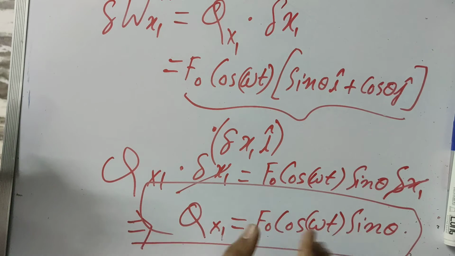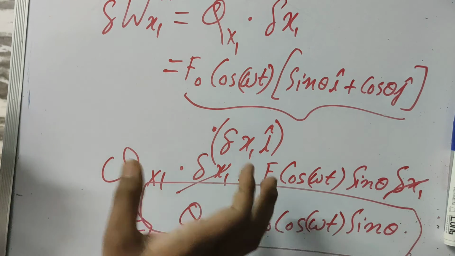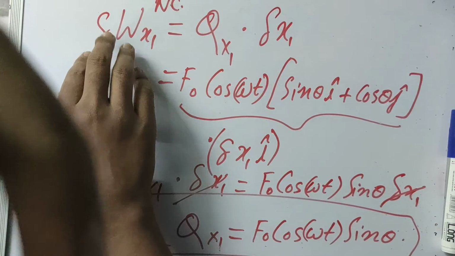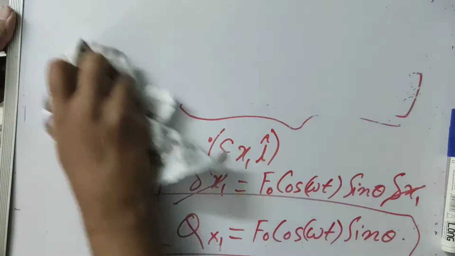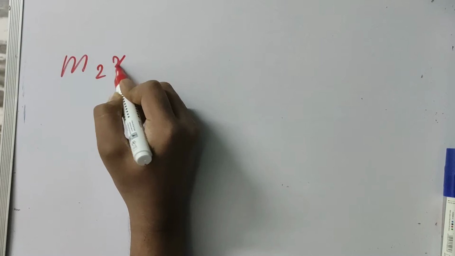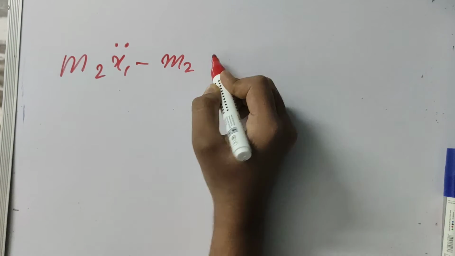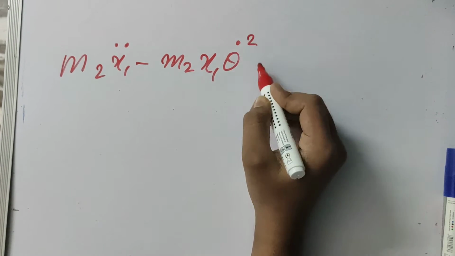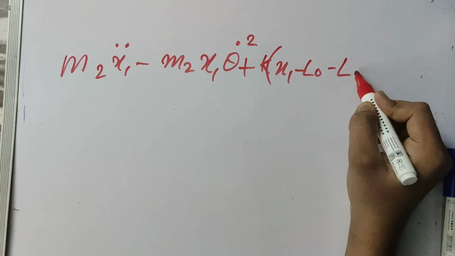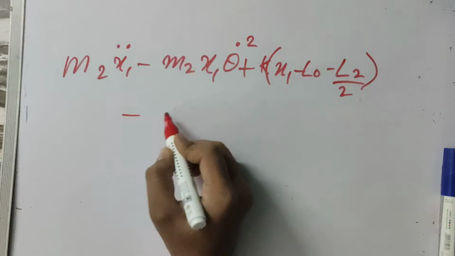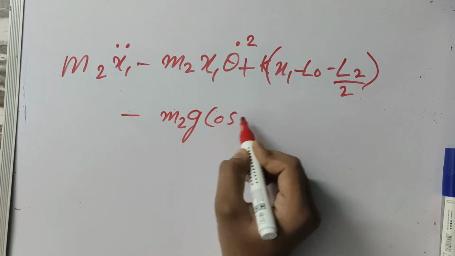The force which is acting along the x1 direction is this force, which is going with this virtual work done, and so we get the final equation of motion along x1. We are left with another case, but our first equation, this should be the force equation, turns out to be along the x1 direction: m2 x1 double dot, if you remember the LHS, something like this.